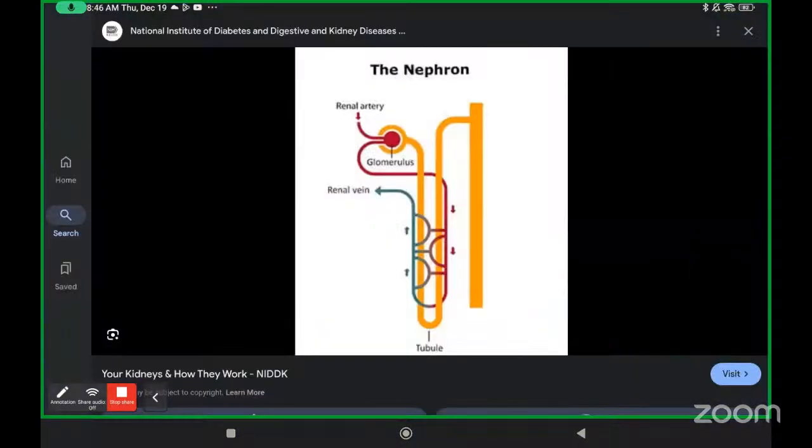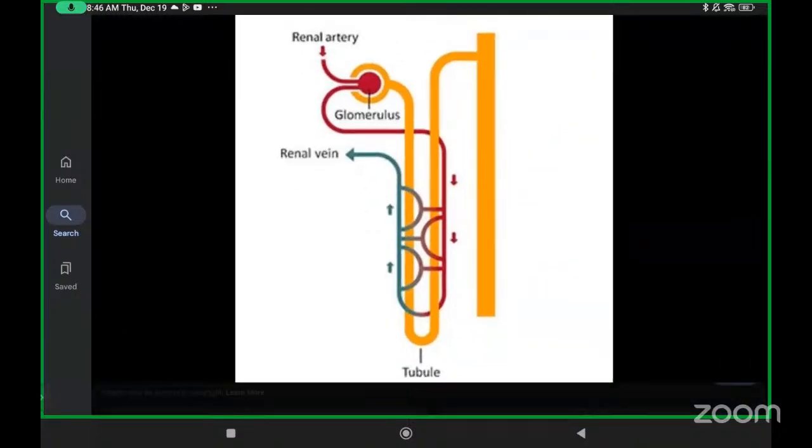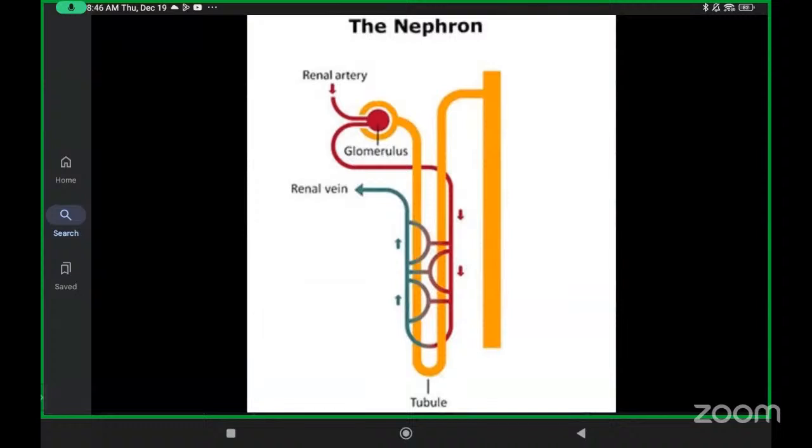This is the nephron structure, and it has two parts. The first part is the glomerulus, and the second part is the tubule. The glomerulus is connected with the blood vessel. Now what happens when the blood passes through it?